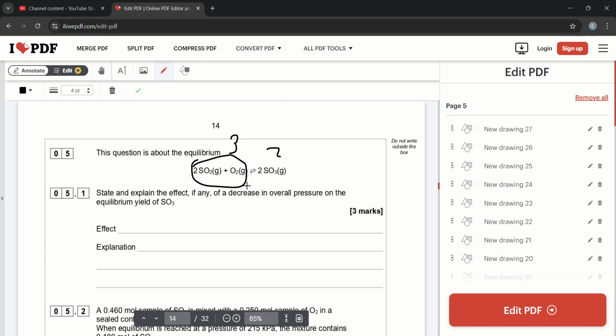And therefore the equilibrium yield of SO3 is going to decrease.